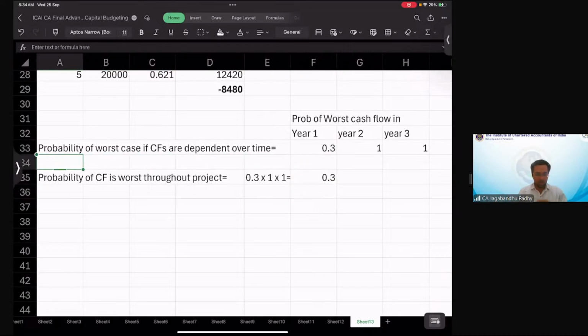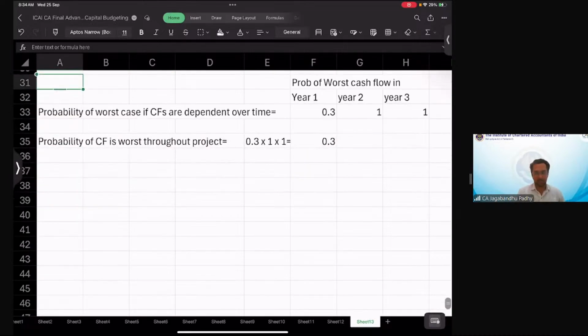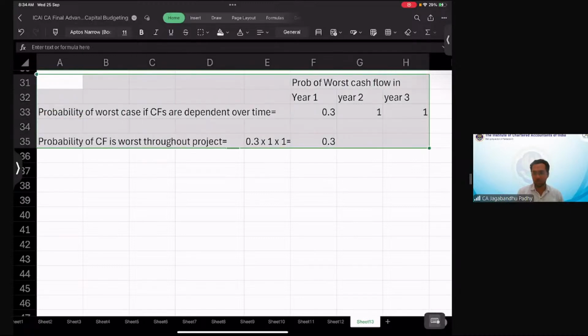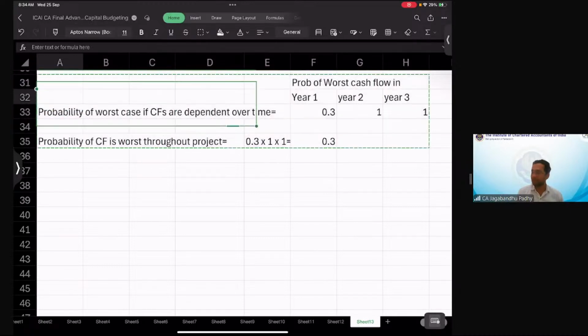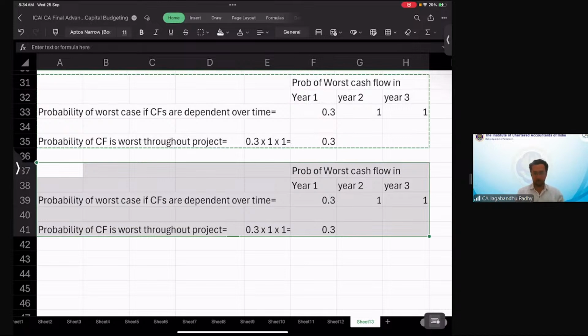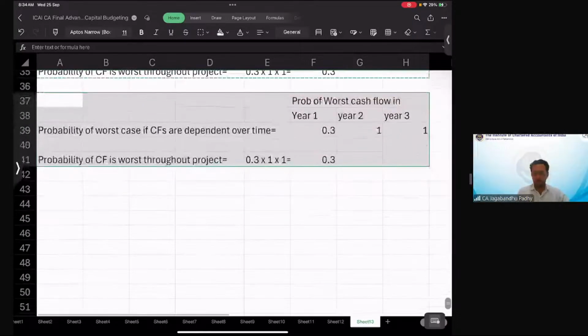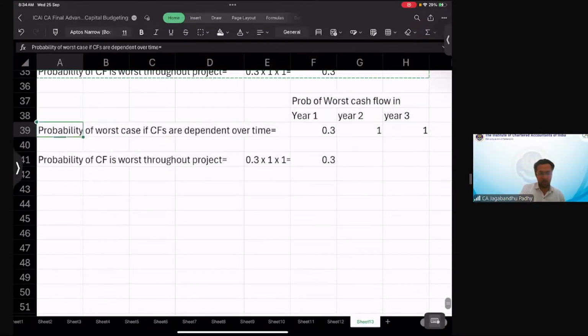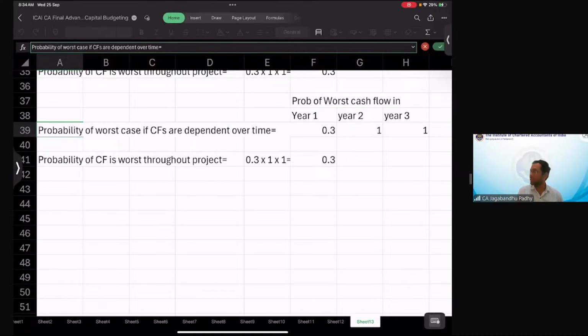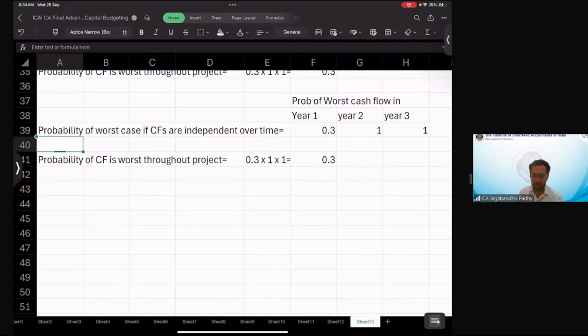Right? Now the next aspect is if the cash flows are independent, the probability of worst cash flow in years 1, 2 and 3, if cash flows are independent over time.